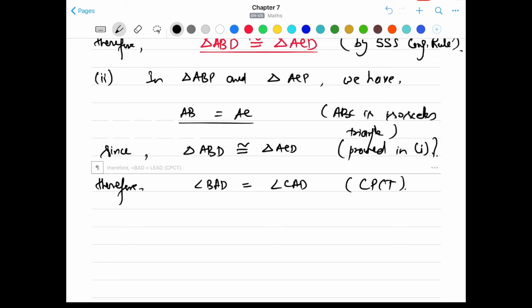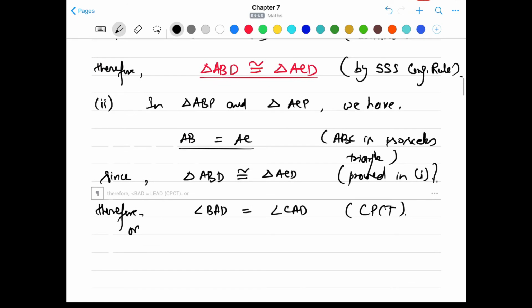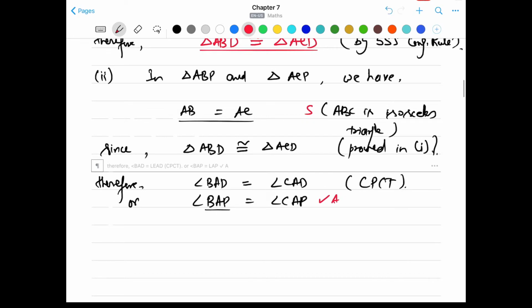Or we can write this angle BAD, extending it from B to P, as angle BAP equals angle CAP, because the angle will not change by extending one line. So we got one side here and the angle here. Now we look for the third side.